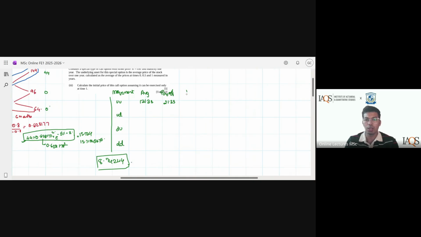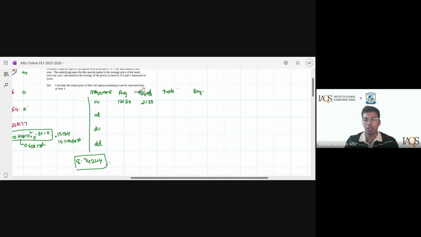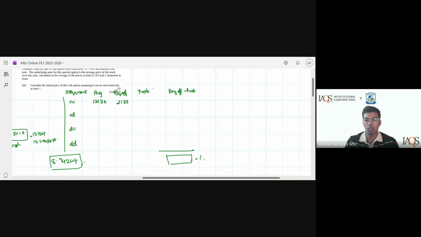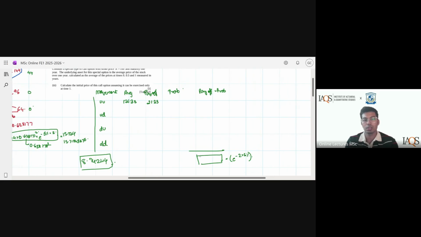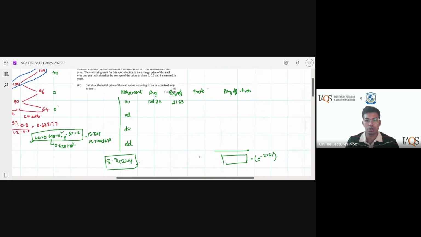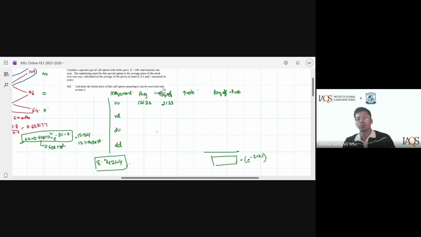The next column that we'll have will be a probability. Will they pay off into probability? All of them up, and then multiply that by e raised to minus 4.5%. This will be this.